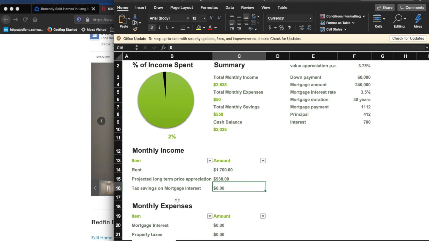Now, that tax savings depends on whether we are looking at an investment property or a property that's supposed to be your residence. You want to live in there, because things would be different. If you live in that property, you can deduct interest that you pay on mortgage payments from your taxes.